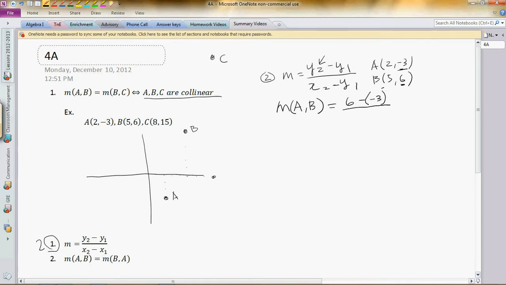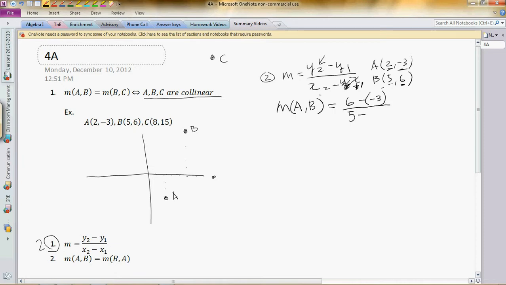Over, then you take the x coordinate of the second point, which is 5, minus the x coordinate of the first one. Oh wait a minute, this is not a y, this is x actually. I'm sorry. So this means the x coordinate of the second point minus the x coordinate of the first point.